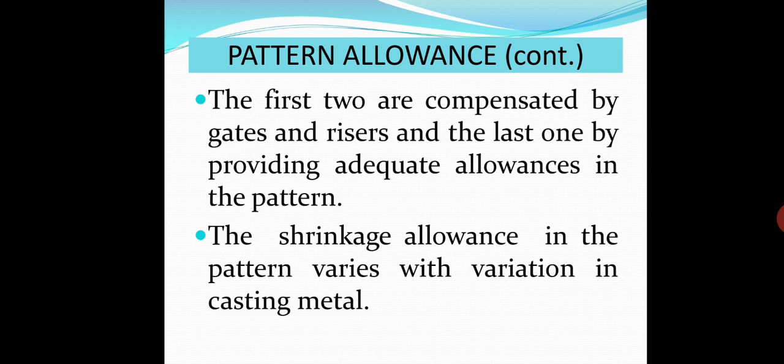These are provided to compensate shrinkage during the liquid stage and during solidification. But the last shrinkage, solid shrinkage, is adjusted by providing adequate allowances in the pattern. The shrinkage allowance varies with the casting metal.